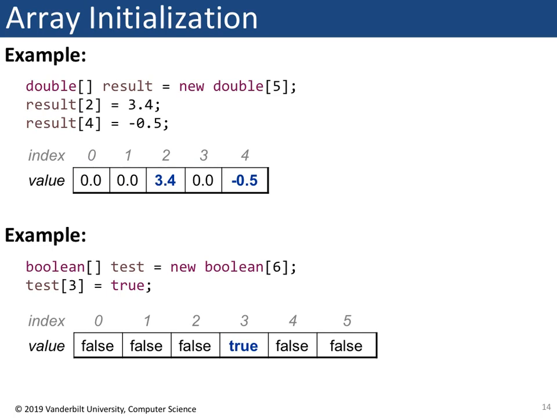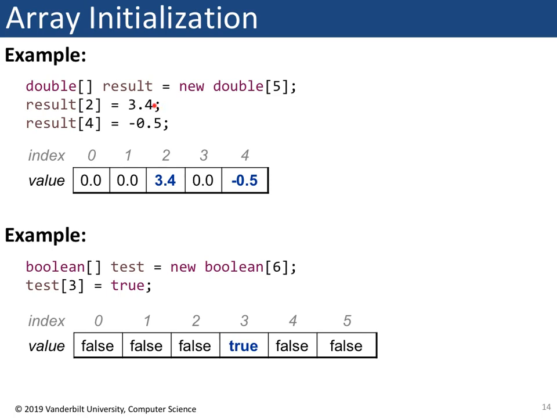The blue values are the values that we're going to change in our program. So we are going to modify element 2 to be 3.4 and modify element 4 to be -0.5. But when we create this array, in the very first statement, every location in the array has the value 0.0.